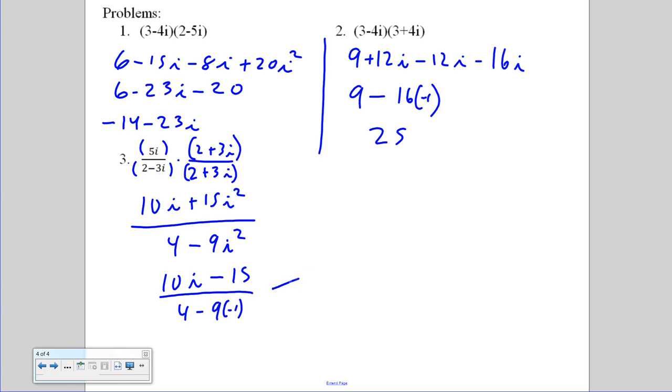All right, so now in standard form for complex numbers, the standard form is where you write the real number first, followed by the imaginary number. So really it should be negative 15 plus 10i over, and then this becomes 13.